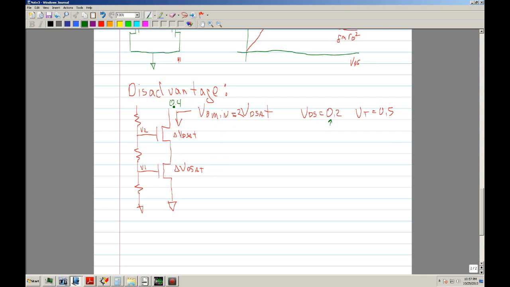Anything above that means that you're in saturation. So anything above 0.4 is in saturation, which is good.